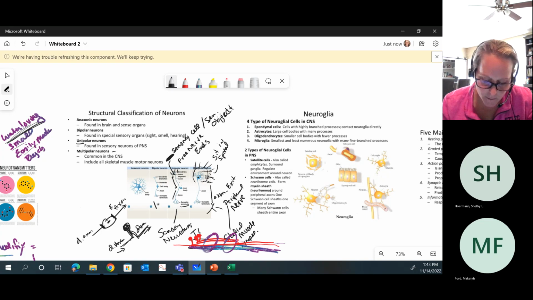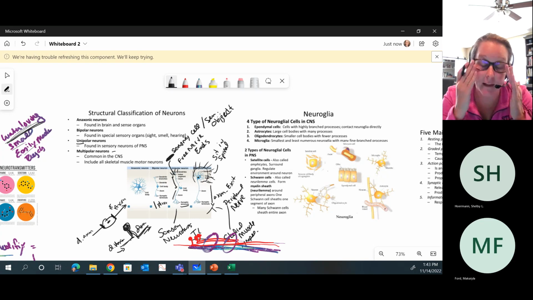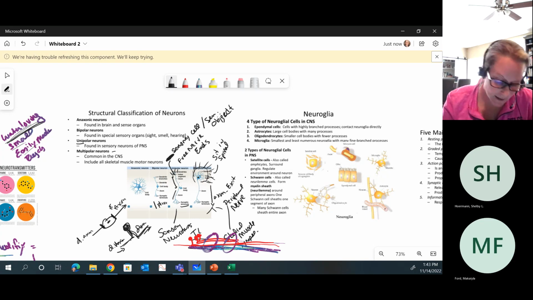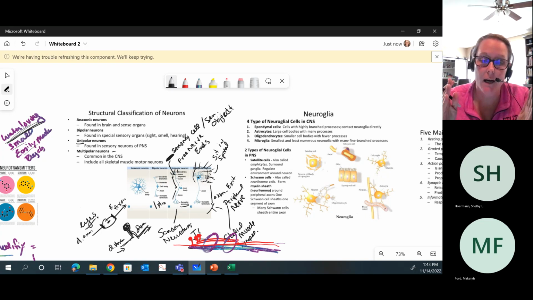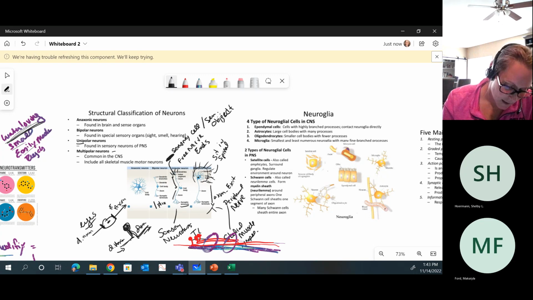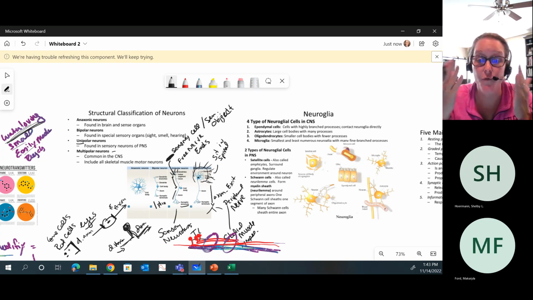There is only one place in the human body that has bipolar neurons, and it is in your eyes. I can show you a model later on, but these are the cells. So right here, the cell that it's connected to is your rod or cone cells, the receptor cells stimulated by light energy.